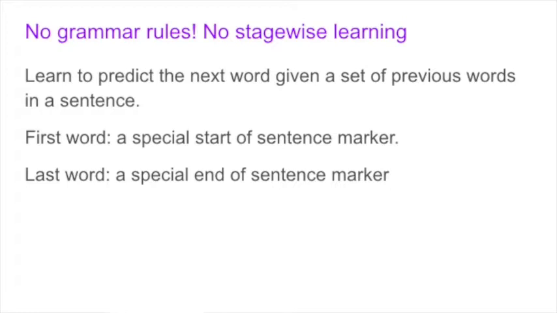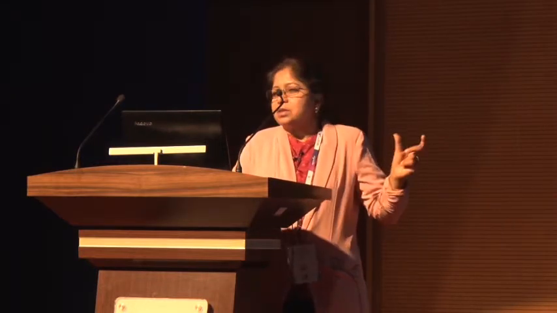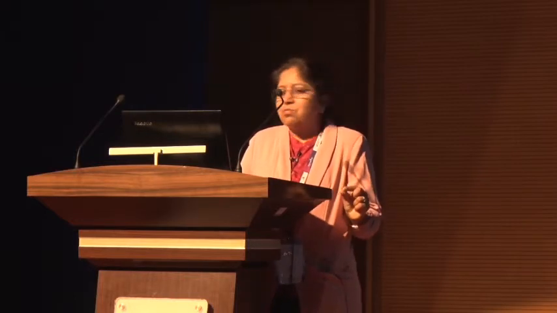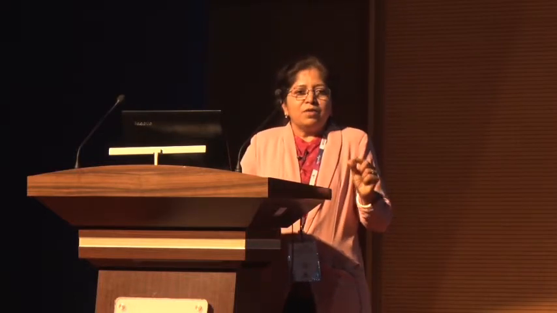So, in fact, they just train a model which can predict the next word in a sentence given the prefix of the sentence or the set of previous words in the sentence. So, every sentence has a special marker which is the start of sentence symbol, and then when it is fed the start of symbol marker, it has to generate the first word of the sentence.